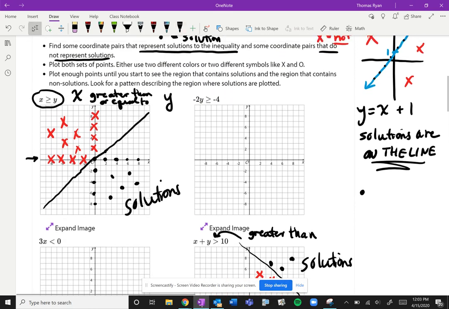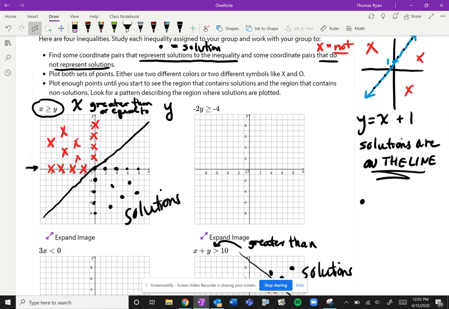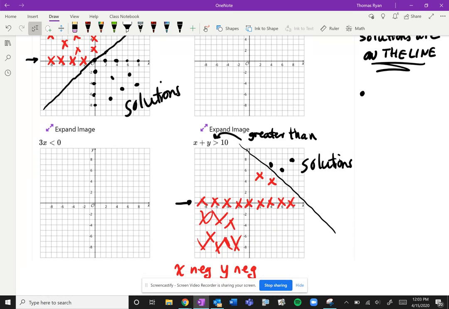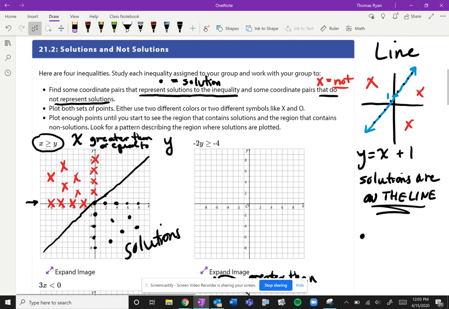So all we want to think about is, can we see a pattern when we plot these points about which ones are solutions? And we're hoping to bring back this idea that there may be some line that separates where the solutions exist and where the non-solutions exist.